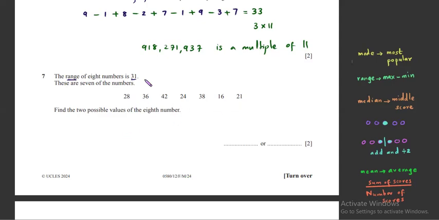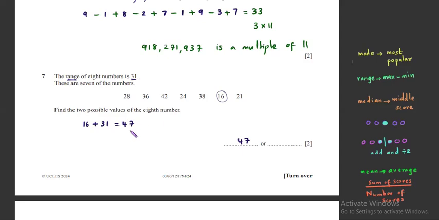The range is 31, so our smallest number will be 16. To this 16, we need to add this 31, which becomes 47, which means this 47 is the largest number that it could be. Because only if this is 47, 47 minus 16 will give you 31 as the range.